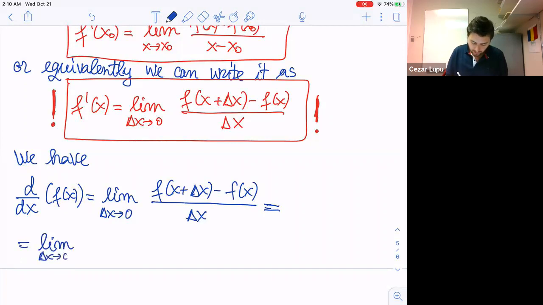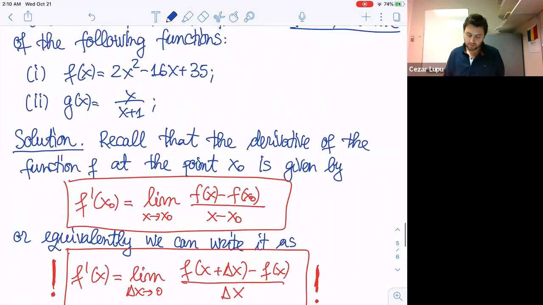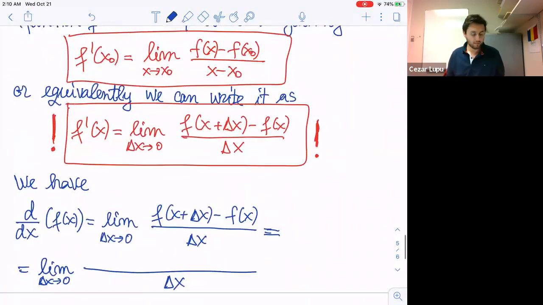So on the bottom we have delta x, and on the top, our function was 2x squared minus 16x plus 35.